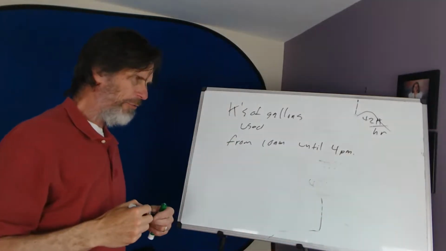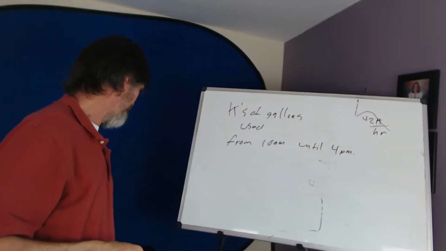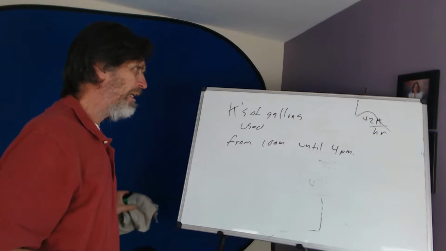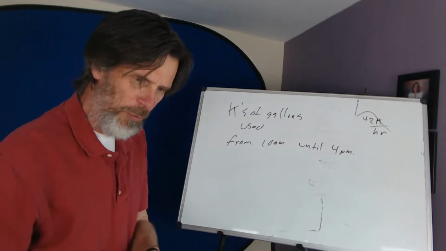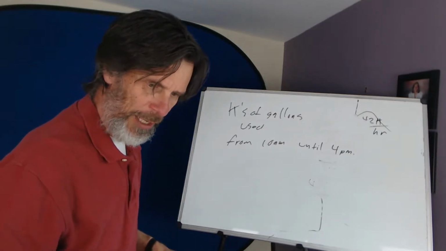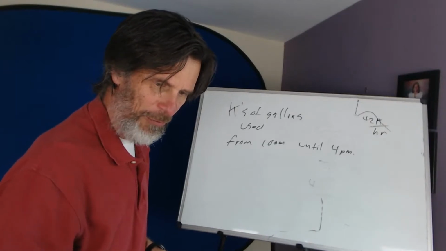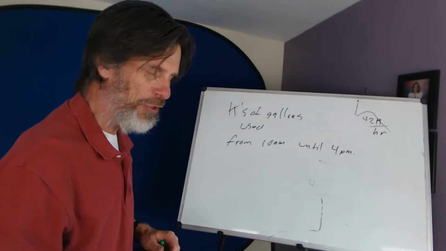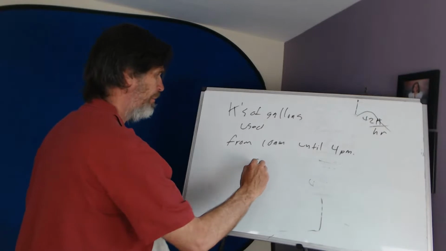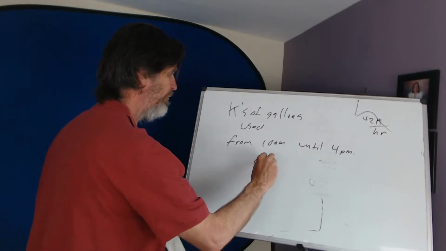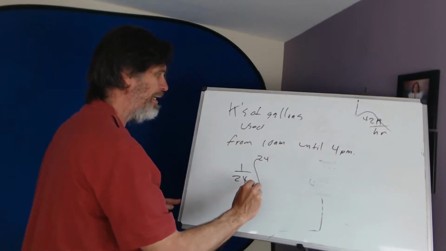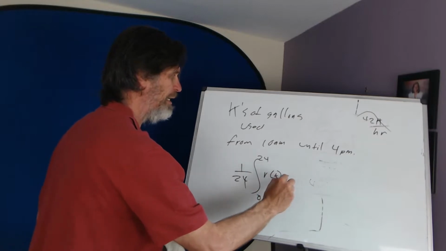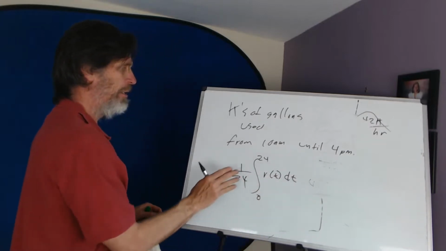I do remember grading through your work on some of those activities, especially the ones with the electricity, and the units just weren't what I was hoping they would be. You write a calculus expression that would represent the average water usage rate for the entire day. Okay. 0 to 24 is a 24-hour period. R of T dt.